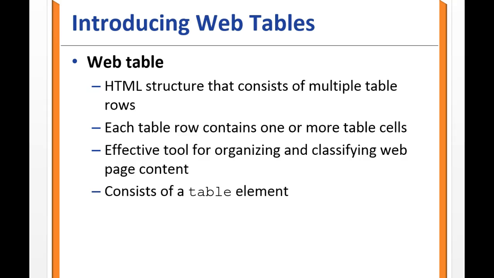When we are looking at a web table, basically it is an HTML structure that has multiple table rows, with each row containing one or more table cells. A cell can also have HTML elements, such as you saw in previous PowerPoint slides: headings, paragraphs, navigation lists, inline images.